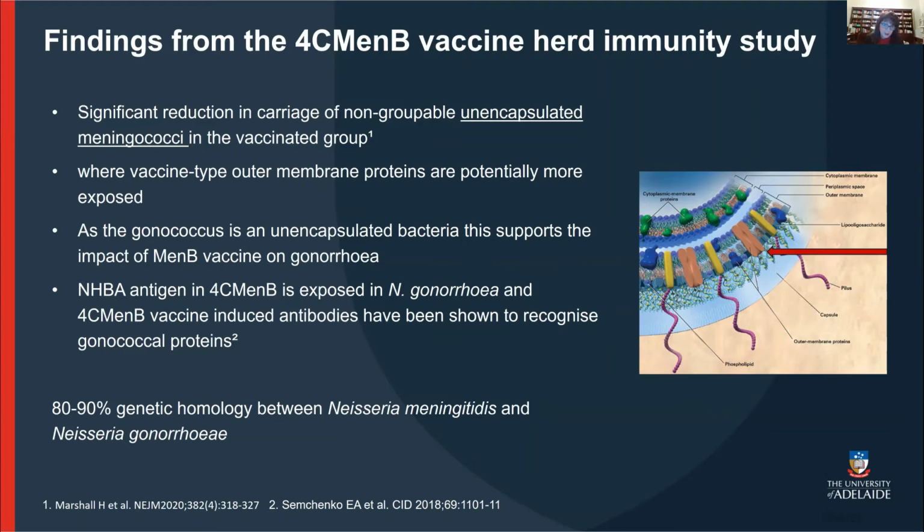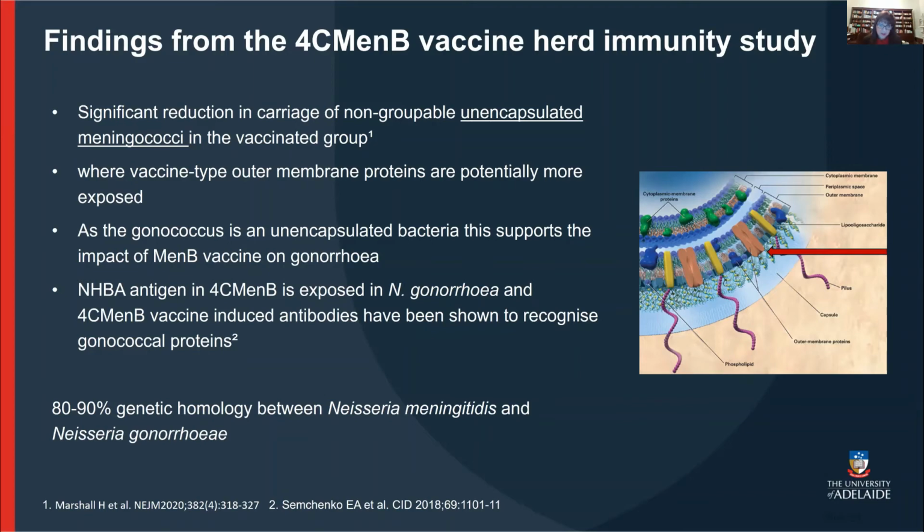We do know the antibodies that are generated are cross-protective from work done by others, but also perhaps because the meningococcus is a mucosal bacteria, it likes to sit in that pharyngeal niche, and the gonococcus obviously is a mucosal infection.